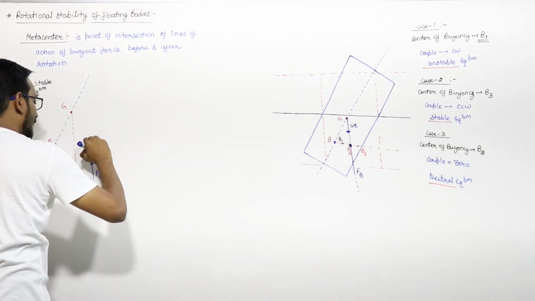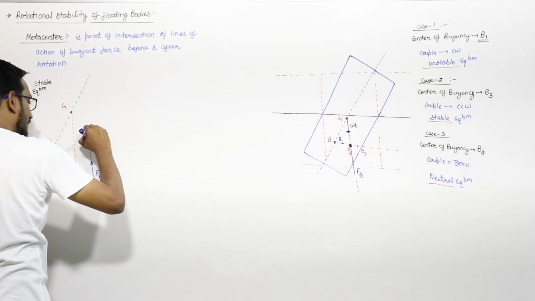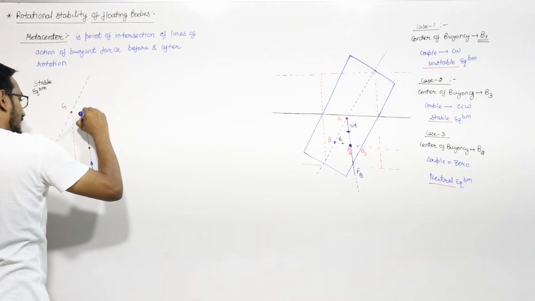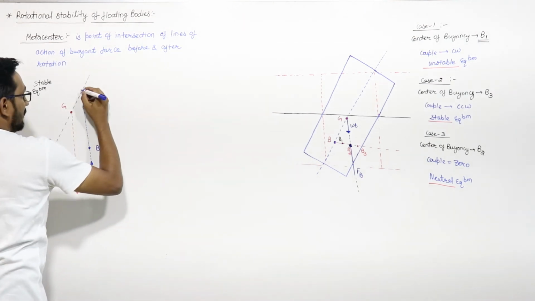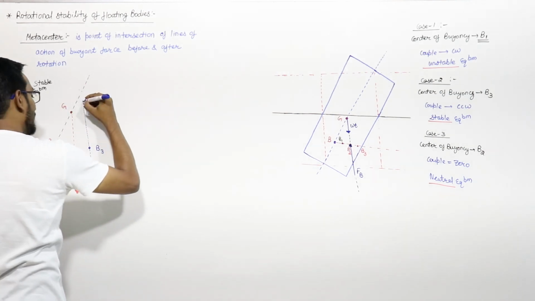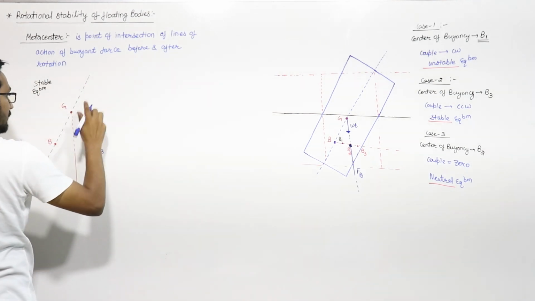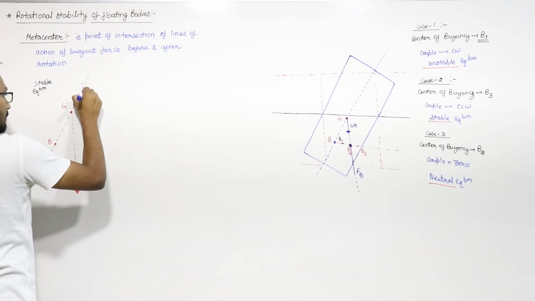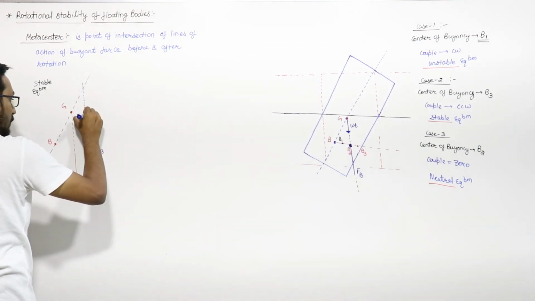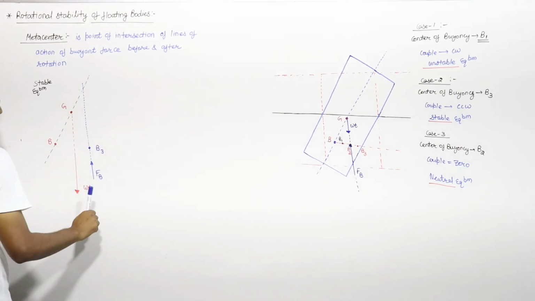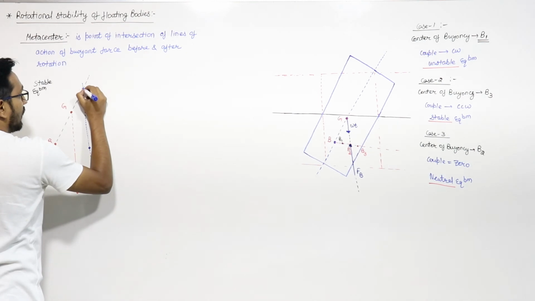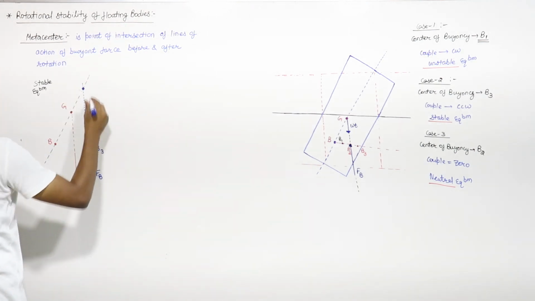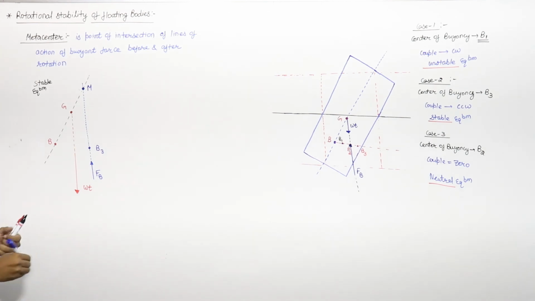If I extend them, the point where the initial and final lines of action of the buoyancy force intersect each other is known as the meta center.